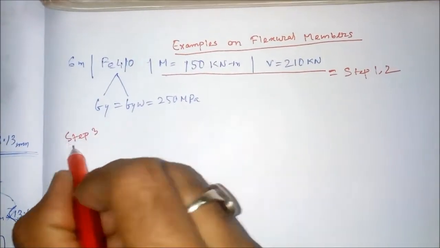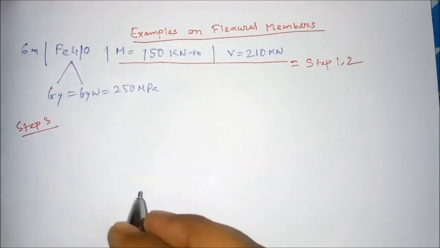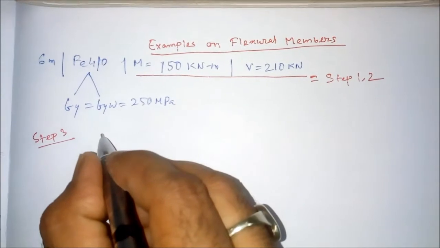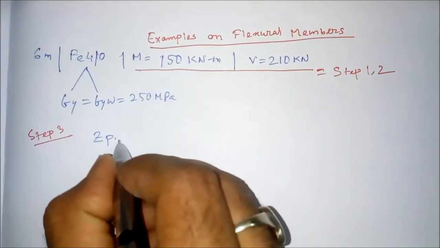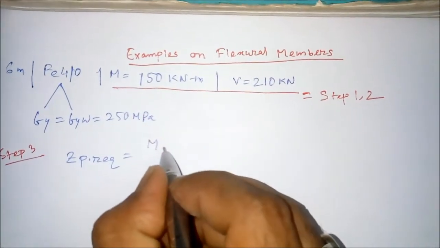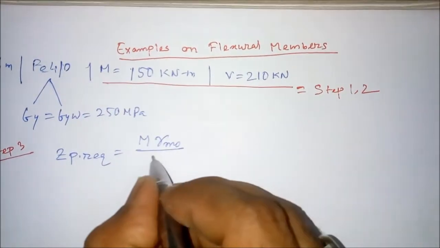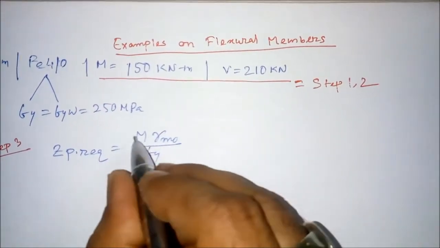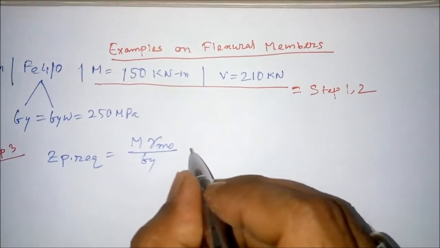So in step 3 we have to find out the Zp required, from which we can assume one particular section. So Zp required will be equals to M gamma M0 divided by Fy, that is M divided by Fy by gamma M0. So we are writing like this.